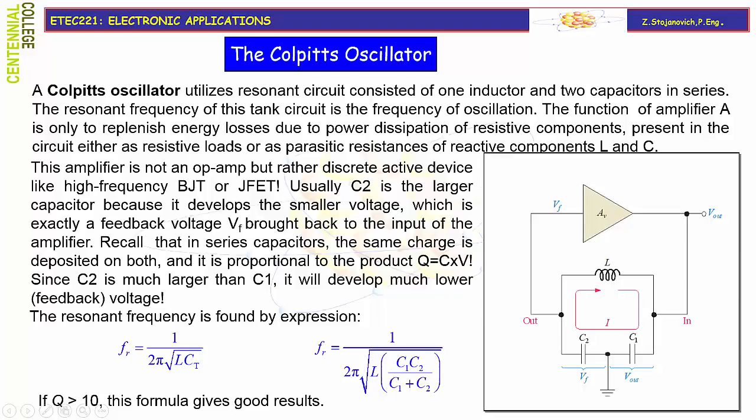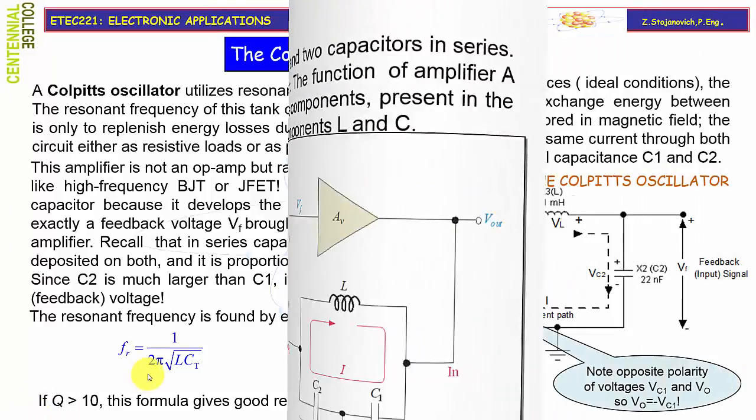The resonant frequency of this circuit can be found by the expression Fr equals 1 over 2 pi square root of L C total, where C total is a series combination of two capacitors and it's given as C1 times C2 over C1 plus C2. This expression is valid if the Q factor of the tank circuit is higher than 1.